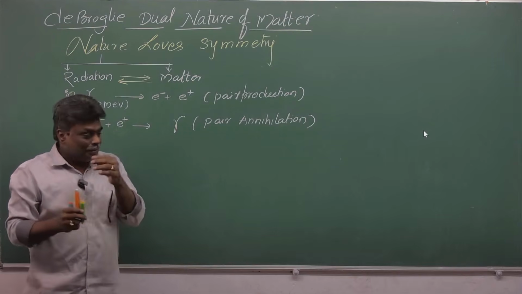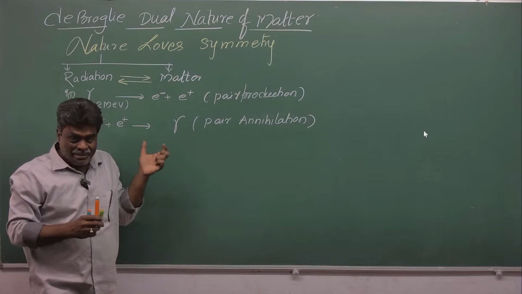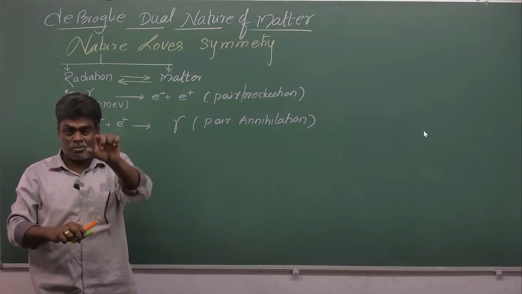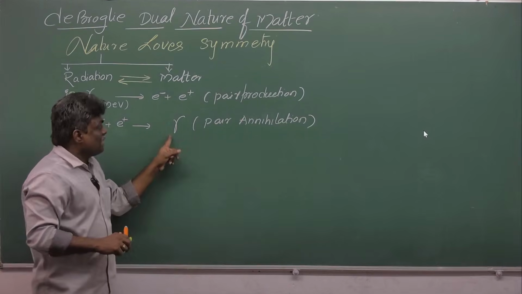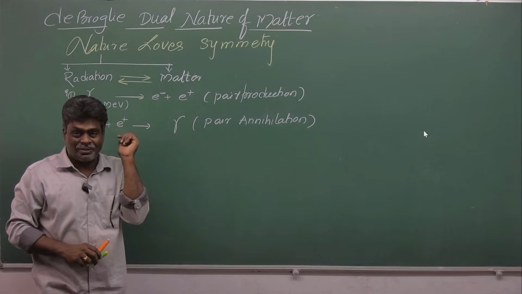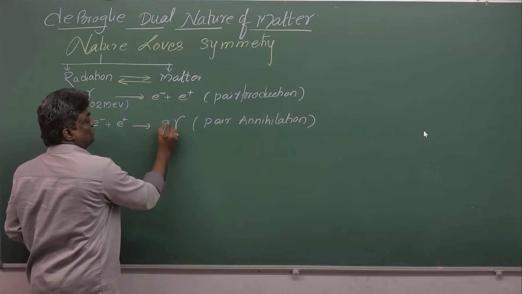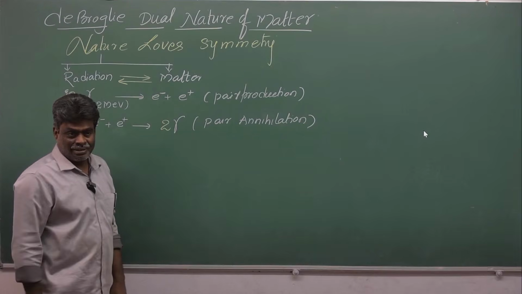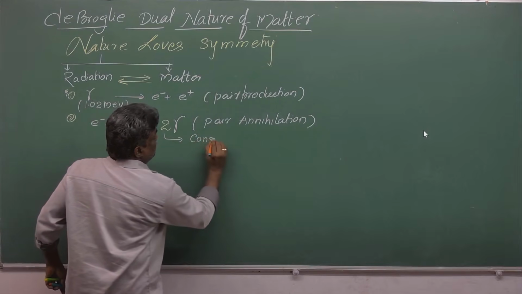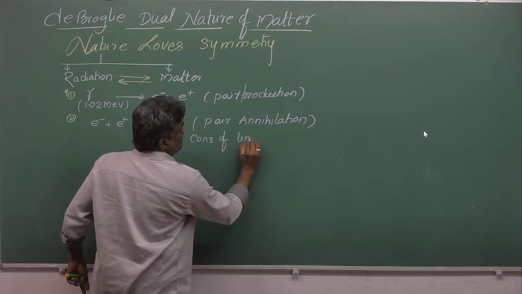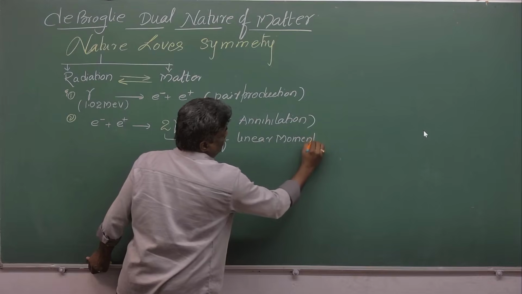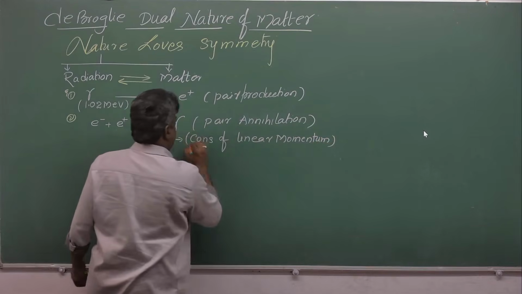If two particles are coming, one is from the positive direction, another is from the negative direction, so net momentum, let us say, is 0. But if you have only 1 particle, the net momentum won't be 0. So here also 2 must be there. So the 2 is because of conservation of linear momentum. This is a very important question in particle physics.